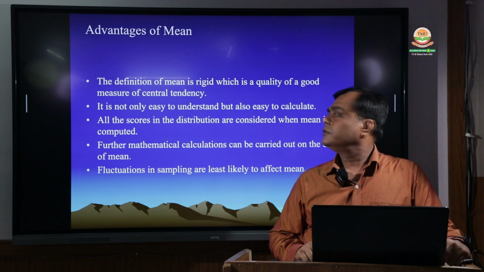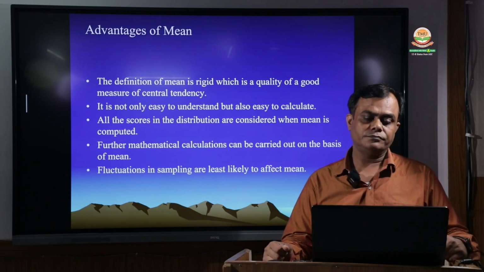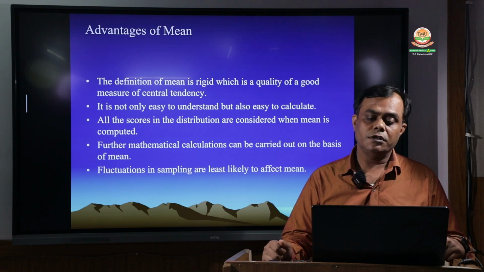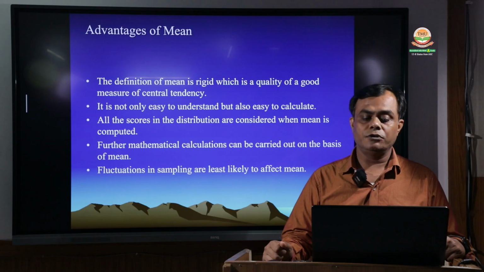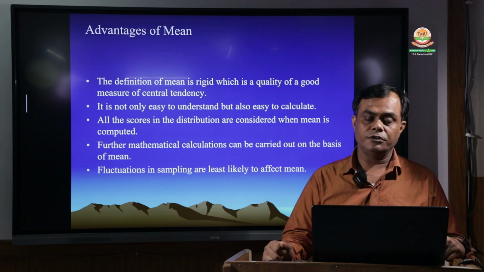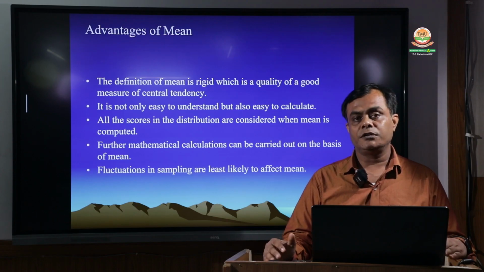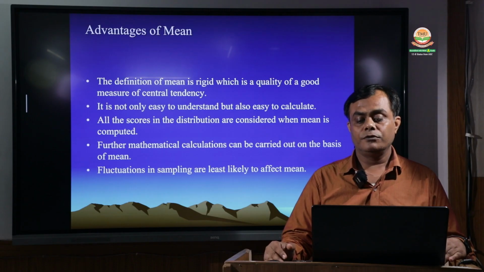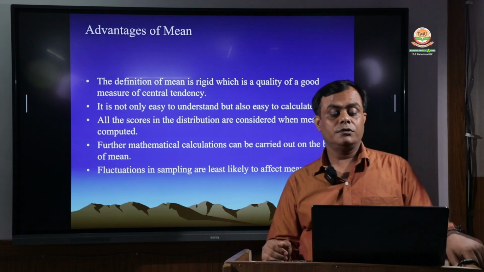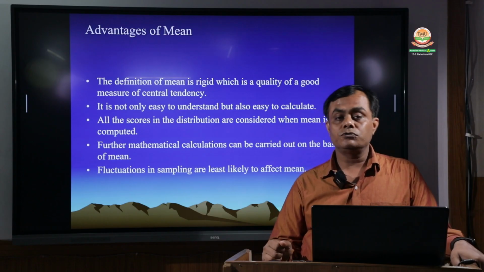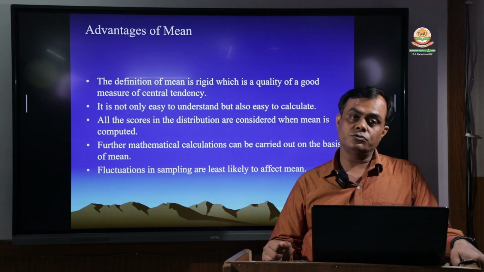Next, the advantages of the mean. The mean is rigidly defined, which is a quality of a good measure of central tendency. It is not only easy to understand but also easy to calculate.